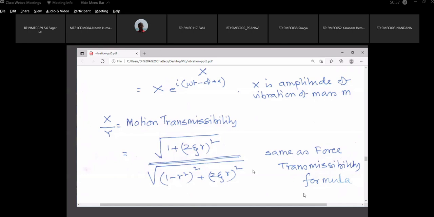Now, how much capital X will be can be calculated from transmissibility and road waviness amplitude.